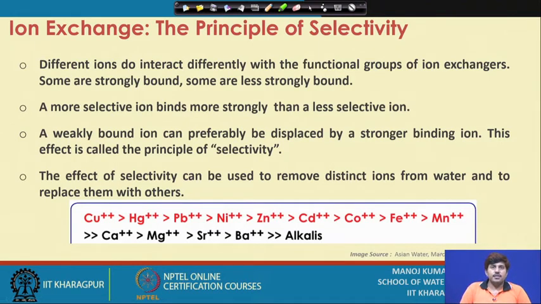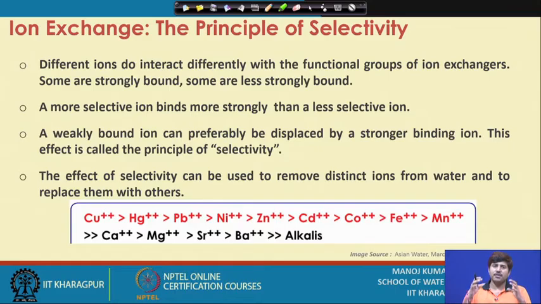The ion exchange is a process which works on the principle of selectivity. Generally we will not have just one single ion in the water, particularly in wastewater. Wastewater will have a variety of ions, and the different ions have different potential to interact with the functional group of the ion exchange resins. Some will be strongly bound, some less strongly bound.